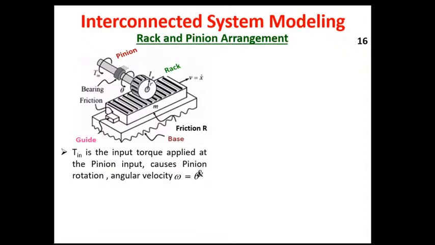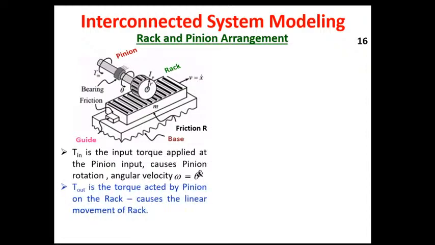On your screen you might be finding it as theta, but that is actually theta dot. So theta is the position of the pinion, theta dot is the angular velocity of the pinion, and theta double dot is the acceleration of the pinion, which will be given by alpha later on. Please read it as theta dot, which is the same as omega.